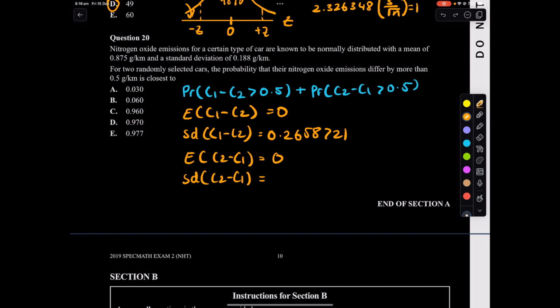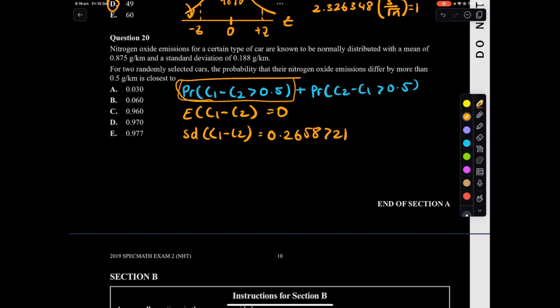So it's like repeating everything, they're kind of the same. So this probability is equal to this probability, so we can rewrite this whole expression as 2 times this over here.